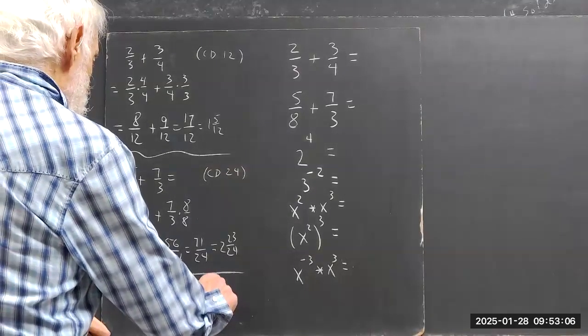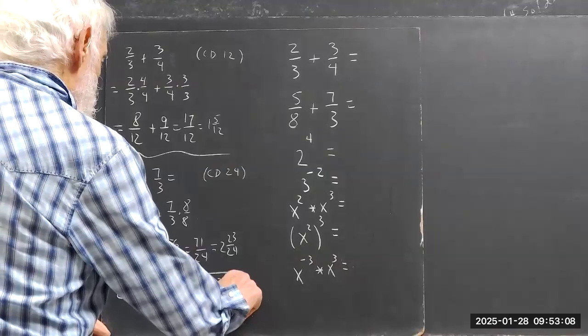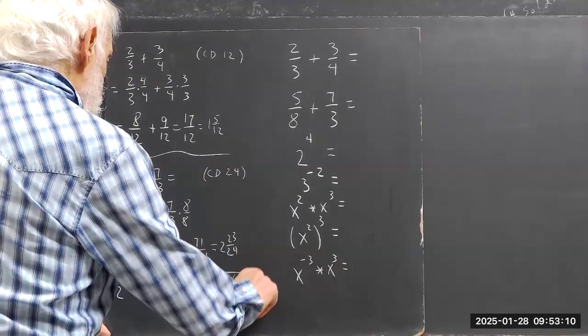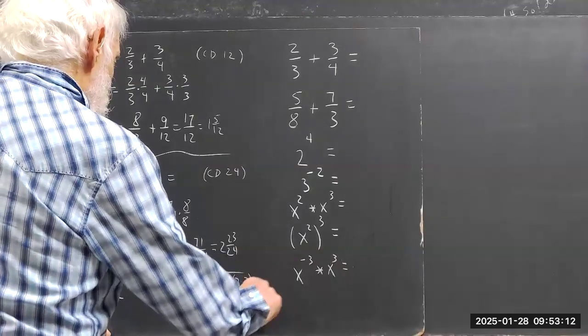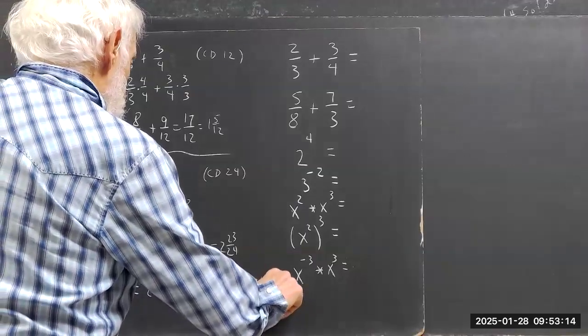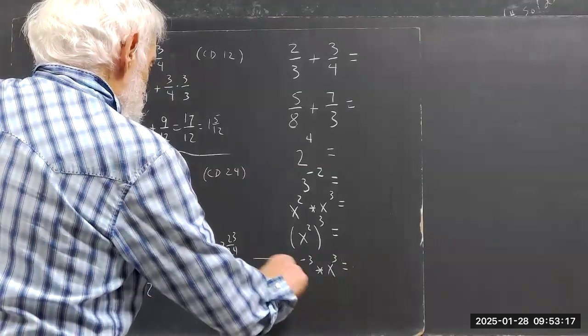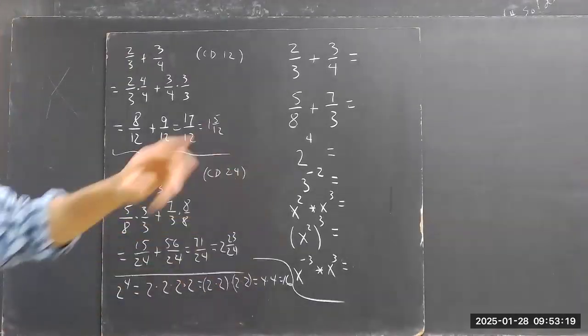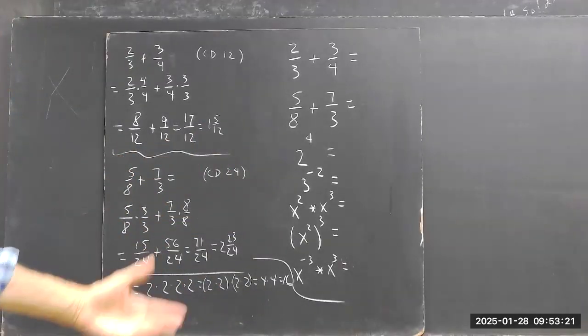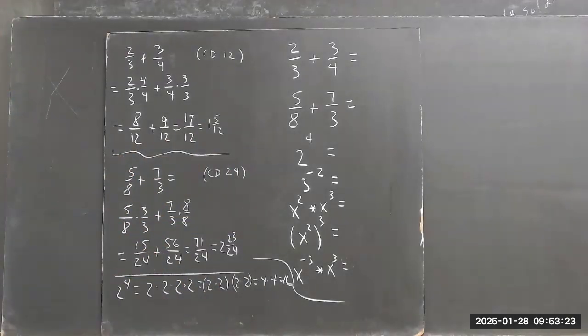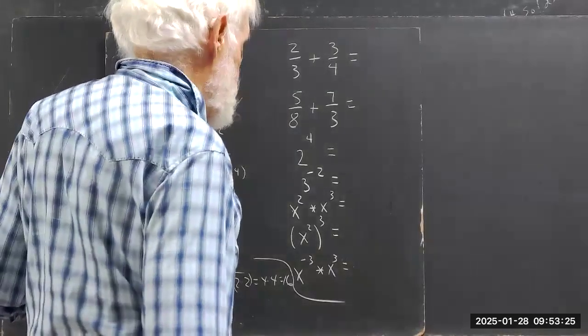I'm going to write it out. I can group it any way I want. I'll group it this way, which is 4 times 4, which is 16. Everybody knows it's 16. Everybody got that. It's not a problem.